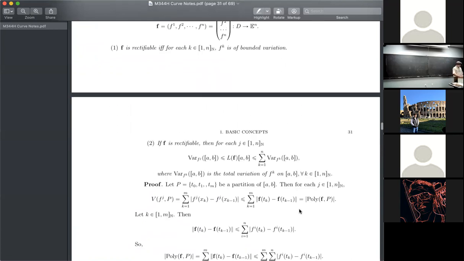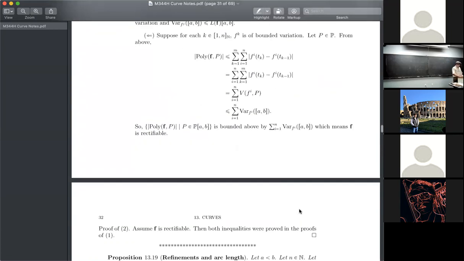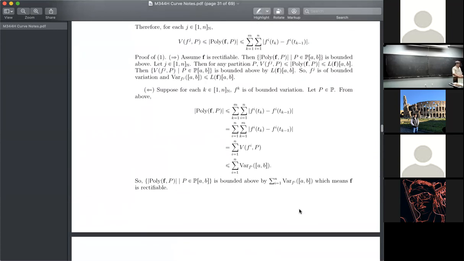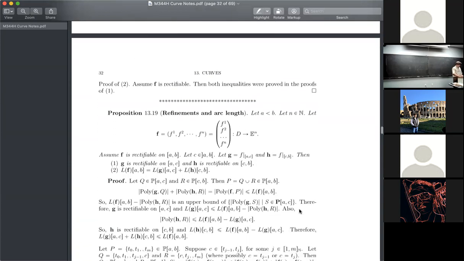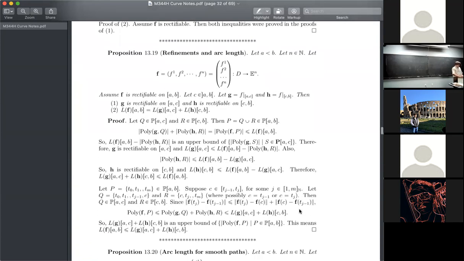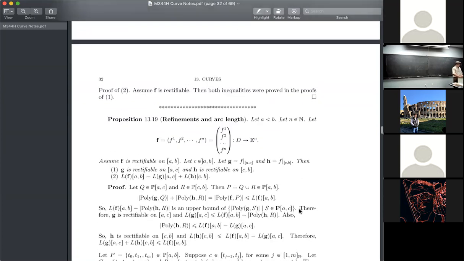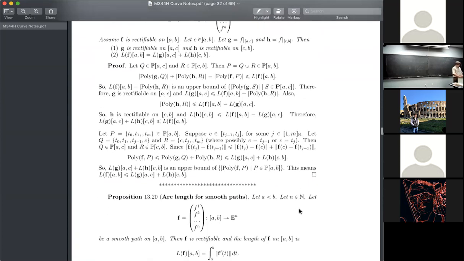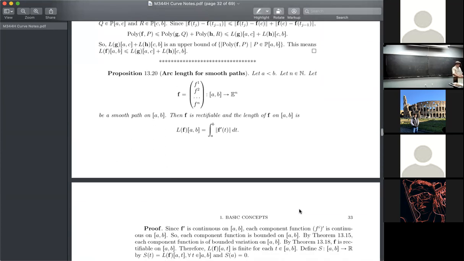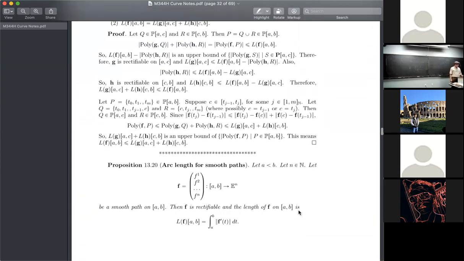Now, so that's what happens if all you know is that the curve is continuous. In other words, don't know anything about derivative, don't know anything about corners and all that kind of stuff, just continuity. So I'm going down the pages, I'm on page 32 now, and we get down to the bottom of page 32, which says, let's suppose now that I have what's called a smooth path.